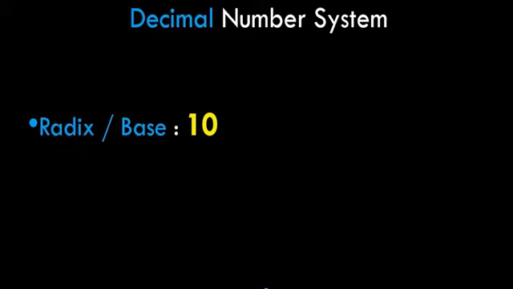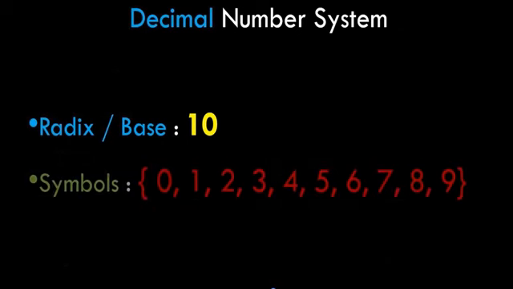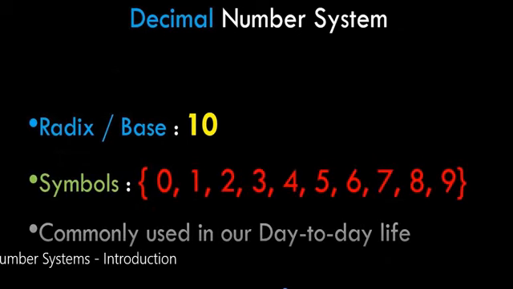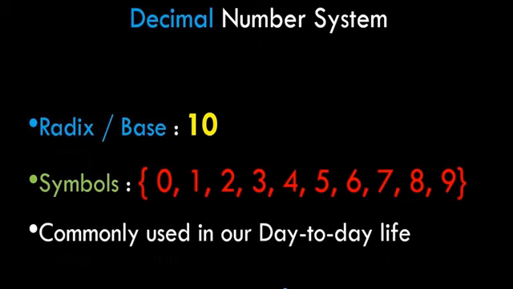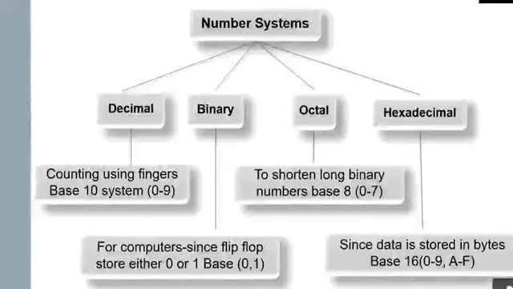So what is meant by the decimal number system? The number system which has base or radix 10 and consists of the symbols 0, 1, 2, 3 up to 9, commonly used in our day-to-day life. Now let us see number systems in detail: decimal, binary, octal and hexadecimal.